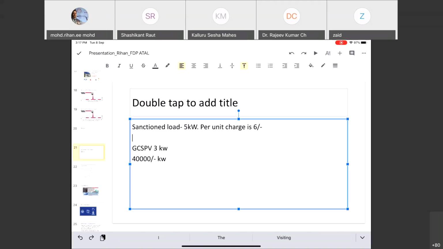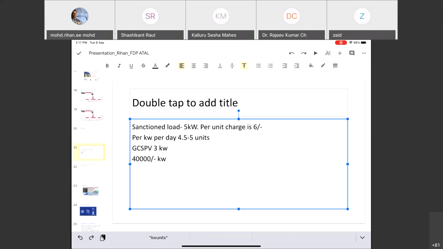For this you will need this number which I had shared earlier also, that per kilowatt per day generation of your solar plants is taken as 4.5 to 5. So you can take it 5 on a higher side. So you have a sanctioned load of 5 kilowatt, which you are paying per unit charge as rupees 6.